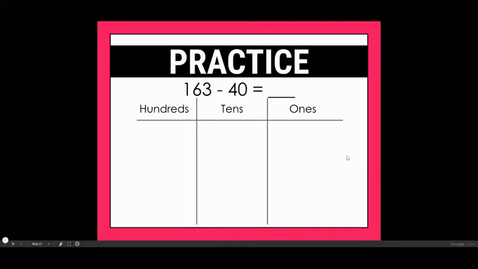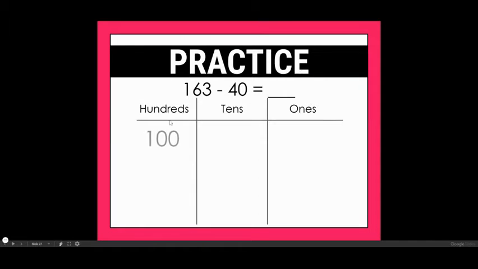Our first step is to build our minuend. Which number is my minuend? Would it be 163 or would it be 40? It would be 163. So we're going to start by building that. If I look at 163, how many hundreds do I have?